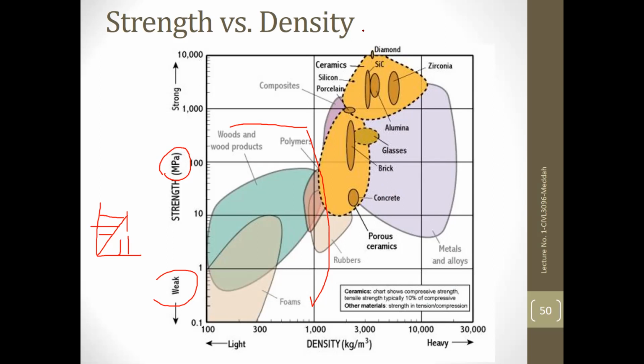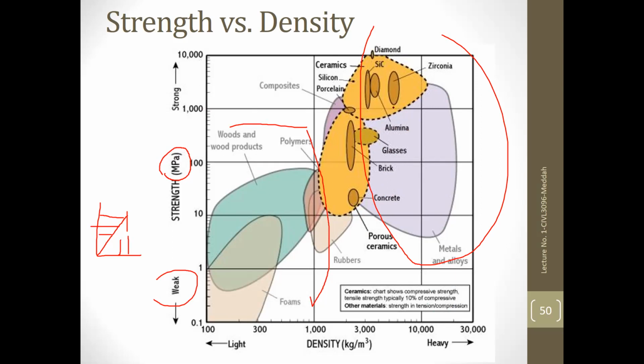Here you can see the density is higher. Most metals have density higher than 2 or 3, except of course, as we have seen earlier, aluminum and magnesium. Most metals are quite high density, and you can see the strength is also proportionally increasing.